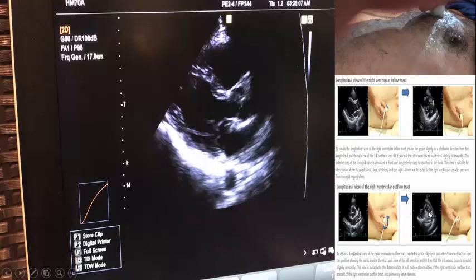If you apply the color Doppler here, you will very easily see the flow through the pulmonary artery. And good news, the flow is also almost parallel to the ultrasound beam, so you can get a very accurate measurement and very important information from this view.